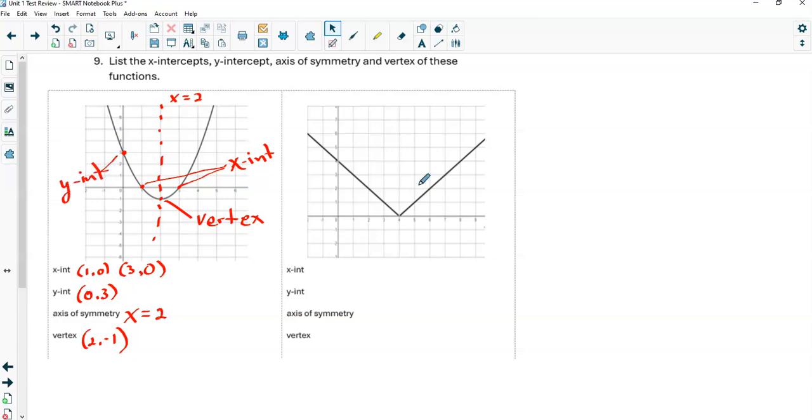Okay? For this graph right here, which is an absolute value function graph, here is my vertex. It is also my x-intercept, which happens to be 4, 0. My y-intercept is over here at 0, 4. The axis of symmetry is right through the vertex, so it's this line right here.